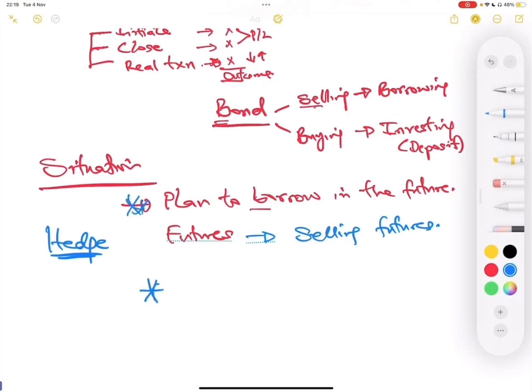But if your situation is the fact that you plan to invest, and I've told you, if you plan to invest, your future that you are trying to use to hedge must reflect the same exposure that you have.